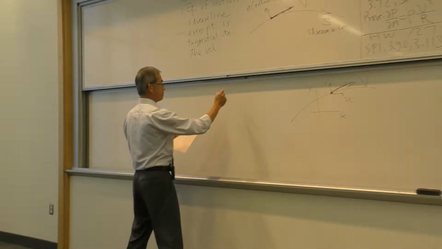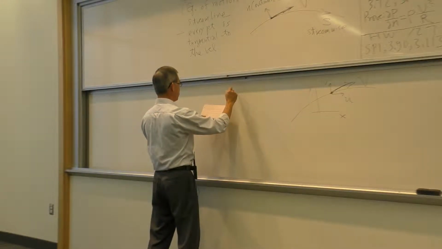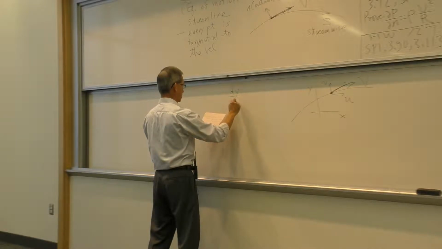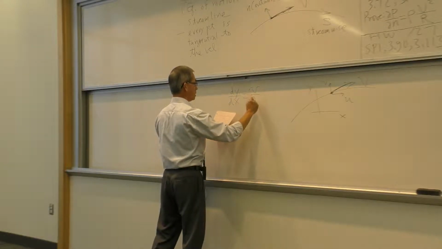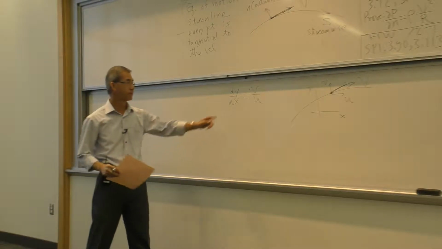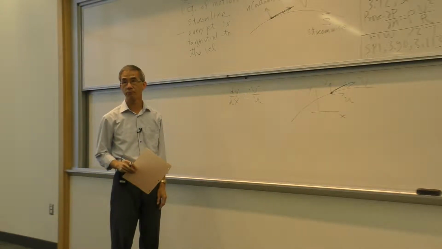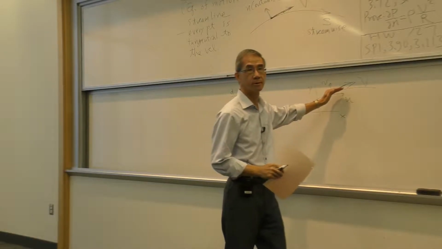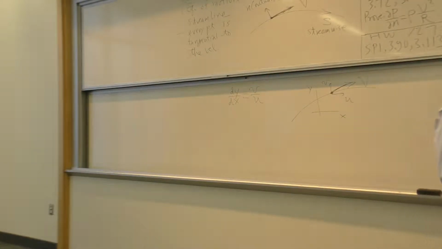What that said by definition of a streamline is that the gradient of that streamline is the velocity v divided by u, which is tangent to the streamline at the point of interest.